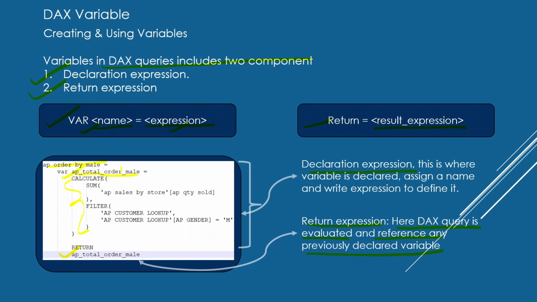So this variable we have declared, and in this particular measure we are just returning one of the declared variables. In a measure it is possible that we declare multiple variables, but at one time only one variable can be returned.